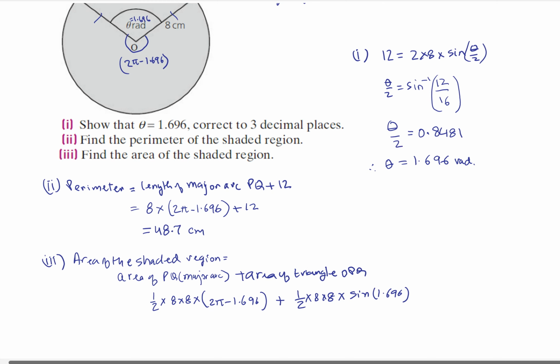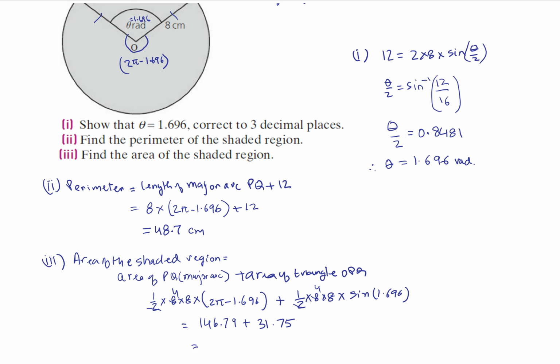So that's all in radians. Let me simplify, this is 4, so that would be 32 times, and if you do that, I would get 146.79 plus 31.75, and if I add them up I get 178.54, and of course this is going to be centimeters squared.